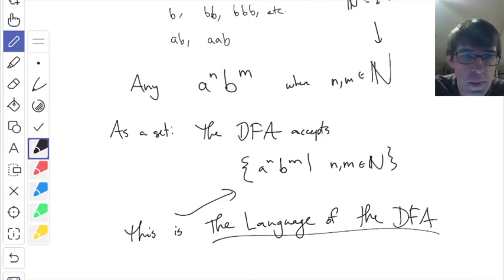I don't know if you remember from the first day we talked about an alphabet and a language. A language is any set of strings, and so that set certainly is a language. So this is called the language of the DFA, or sometimes called the language accepted by the DFA, for obvious reasons.